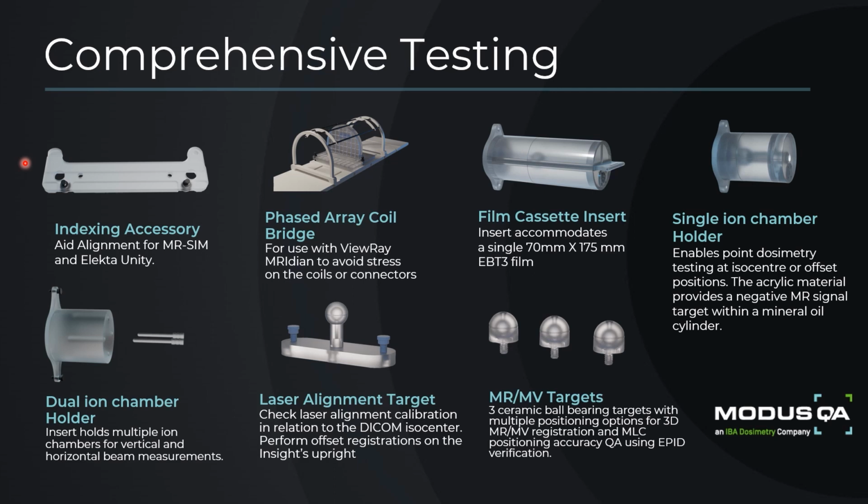Meanwhile, for our ViewRay users, we have specially designed a phased array coil bridge to allow for the proper use and ideal positioning of the MRIdian's phased array coils over the Phantom. And so this will allow the MRIdian users to really image the phantom in the most clinically relevant fashion while still avoiding placing excess stress on the coils or the connectors.